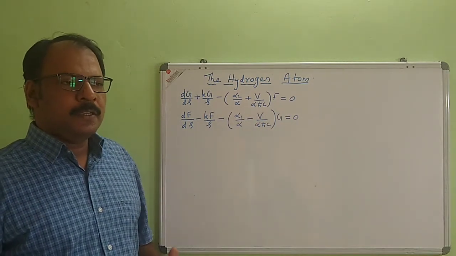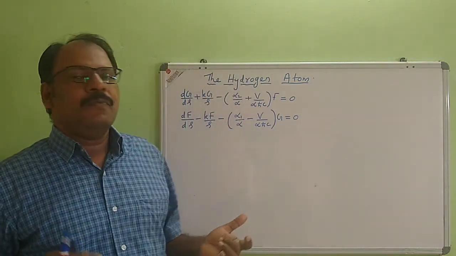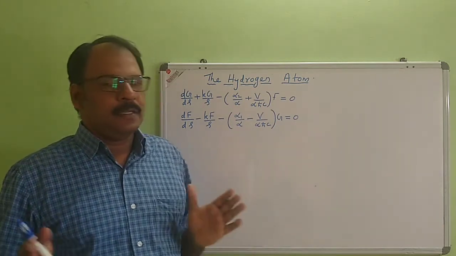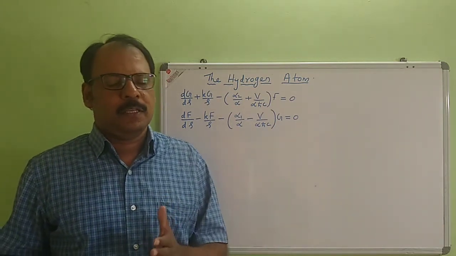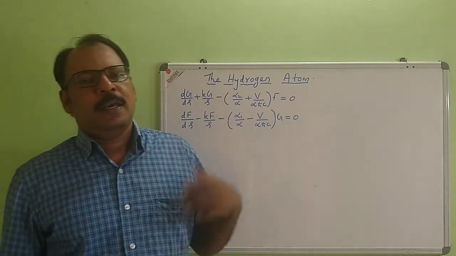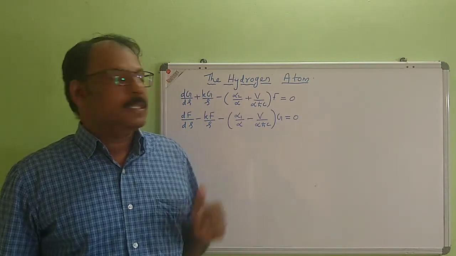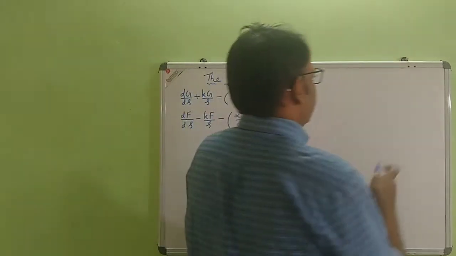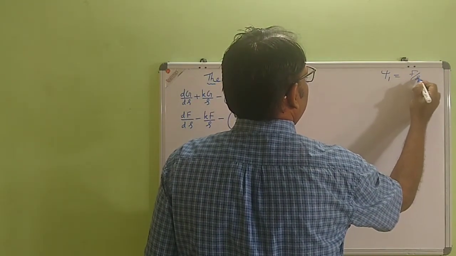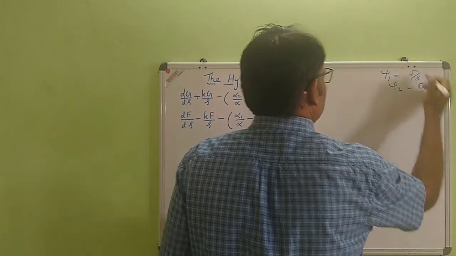We have seen that the matrices alpha r and beta are 2 by 2 matrices, and therefore the wave function also should have two components. For the radial part we have taken the two components psi 1 and psi 2 as follows: for psi 1, the radial part, we have taken f by rho, and for psi 2 we have taken g by rho.